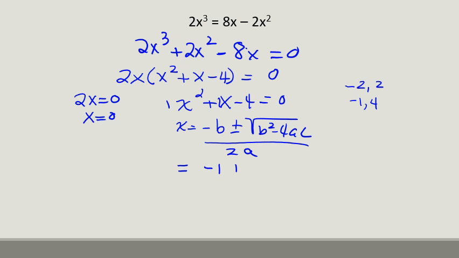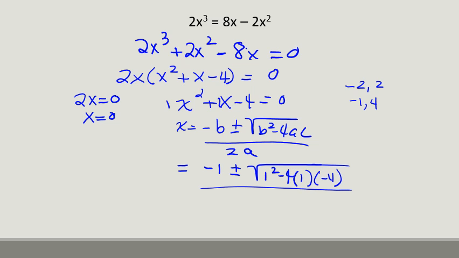I get negative 1 plus or minus the square root of 1 squared minus 4 times 1 times negative 4, all over 2 times 1. Okay. Inside my square root symbol, I'm going to get 1 plus 16, which is 17.